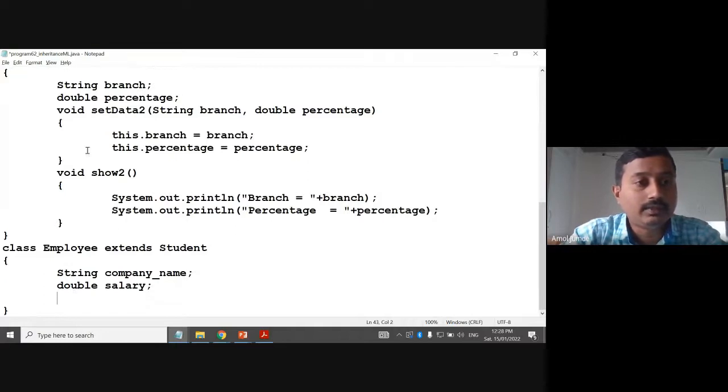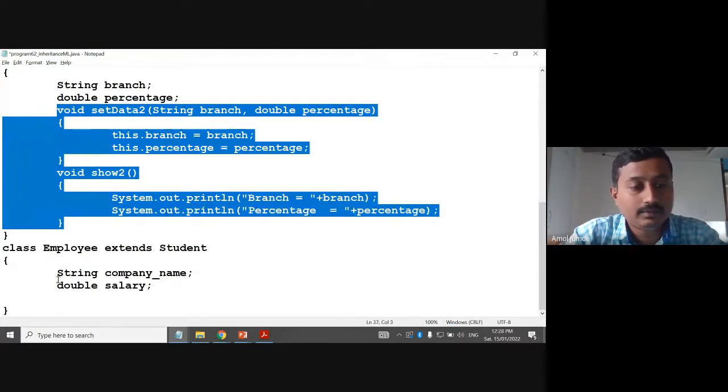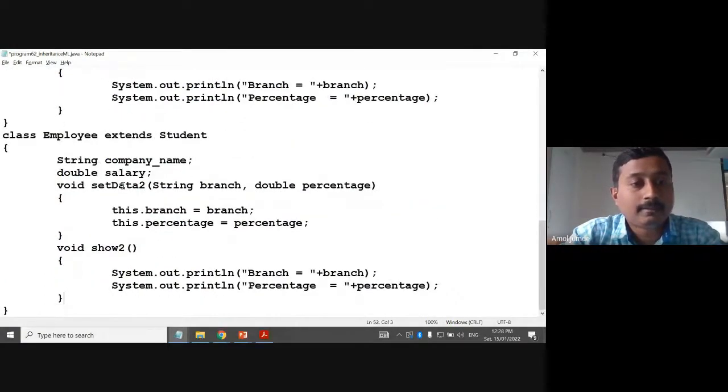Okay, then again a setter, set data 3. Okay, show 3. Okay, then what you want to store? Company name, setters, and then salary.